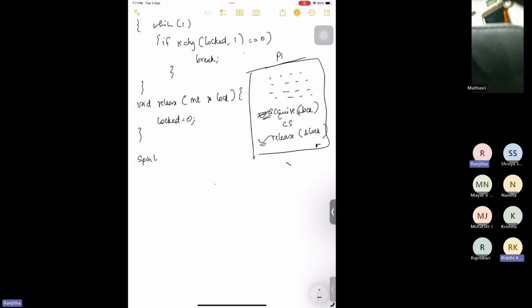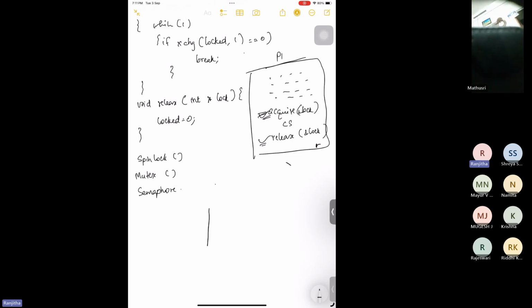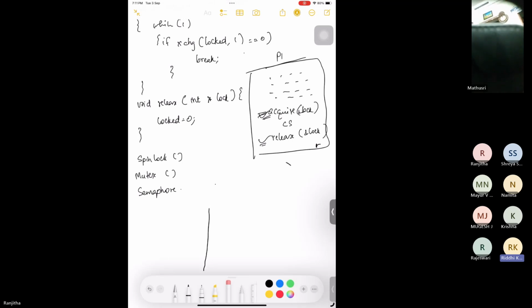One is spin lock, another is mutex, and another is semaphore. Okay, spin lock is something like this.